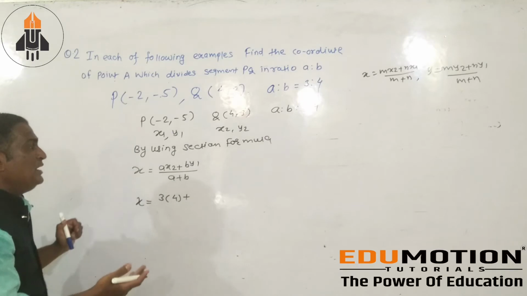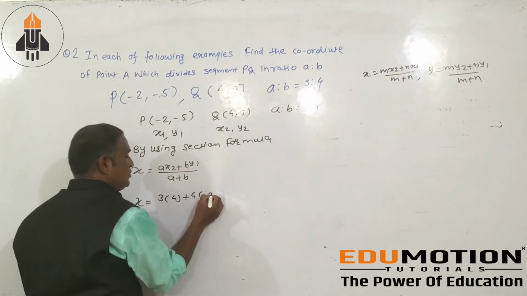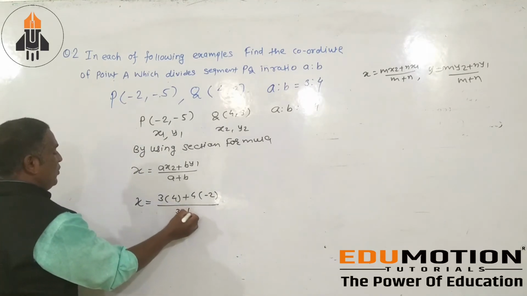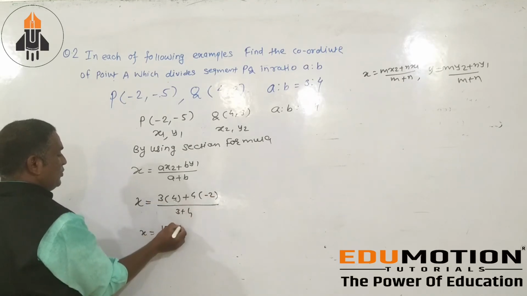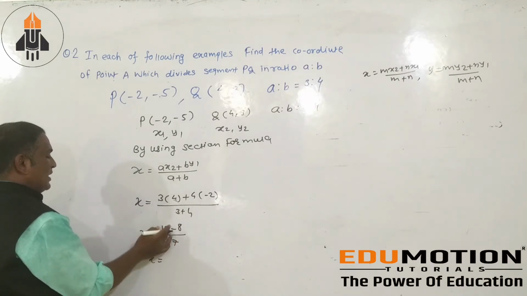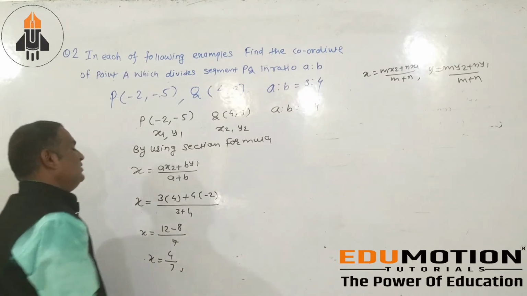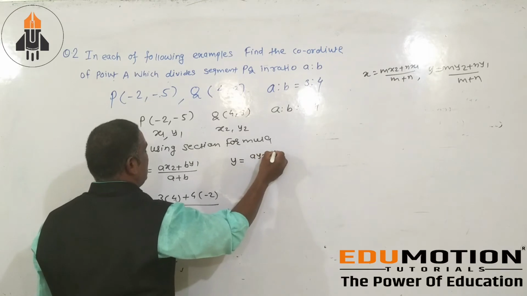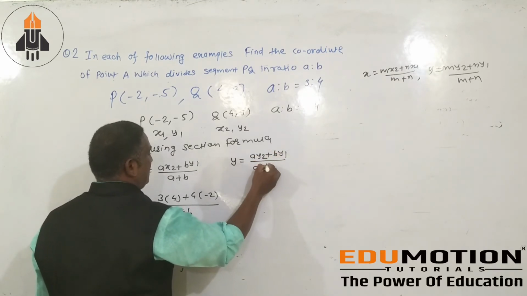What is the value of b? 4, x1 is minus 2, divided by a plus b means 3 plus 4. x equals 3 into 4 is 12, minus 4 into 2 is 8, divided by 3 plus 4 is 7. x equals 12 minus 8, 4 by 7. That is your first. Next, y equals ay2 plus by1 divided by a plus b.